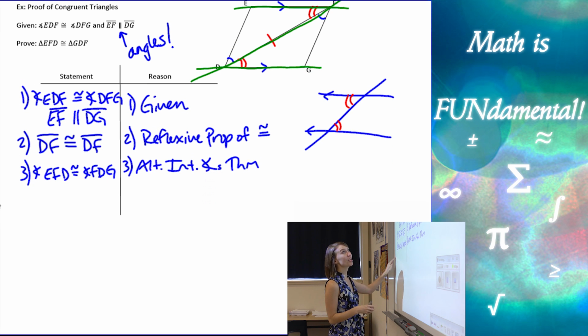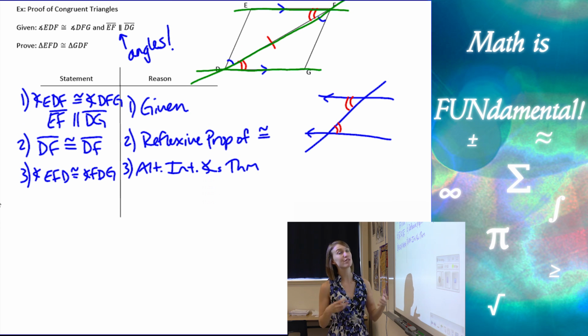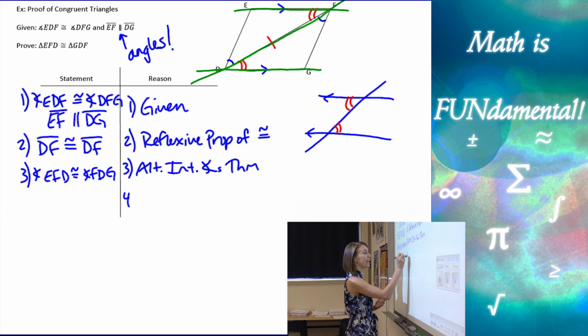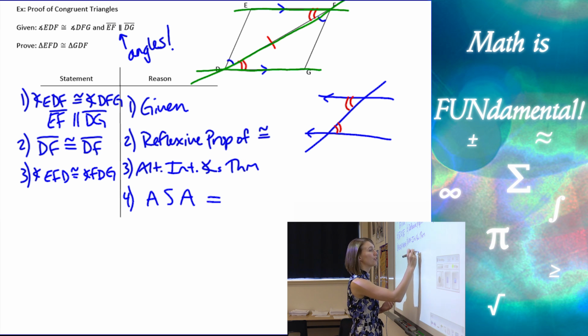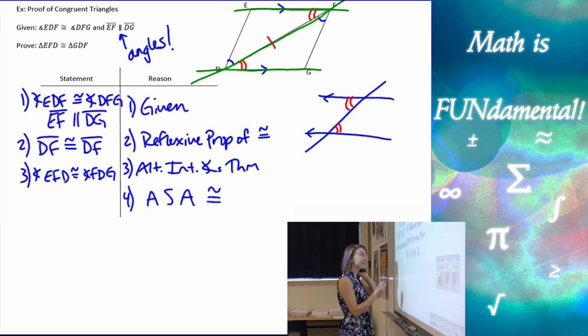All right, and then if we look back at our picture, we now have 2 sets of angles and the included side congruent for our 2 triangles. Which means we're done. We just have to close our proof. Triangle EFD is congruent to triangle GDF.